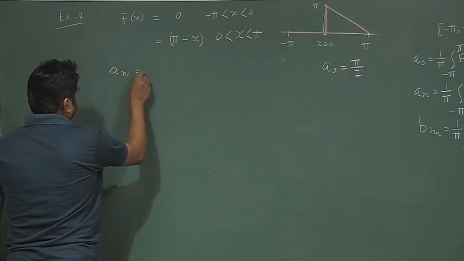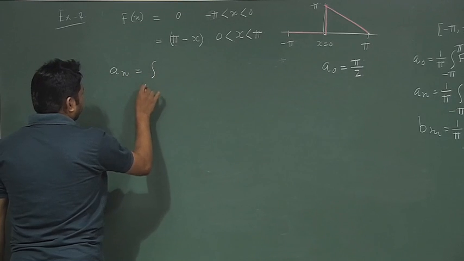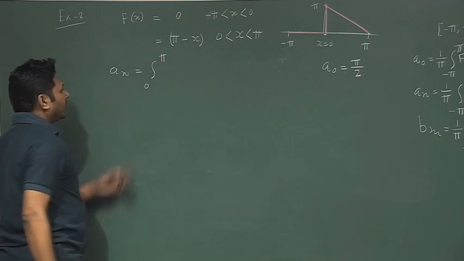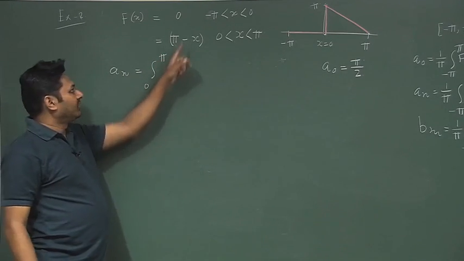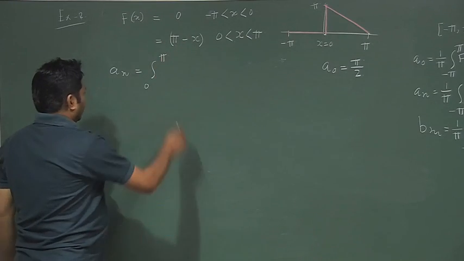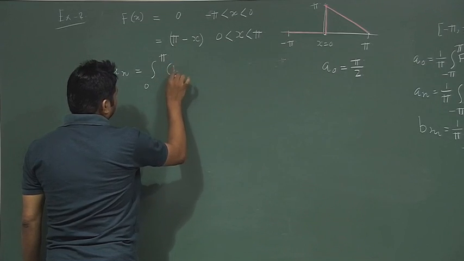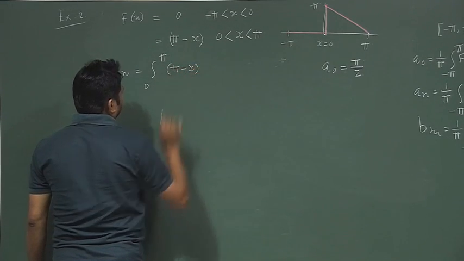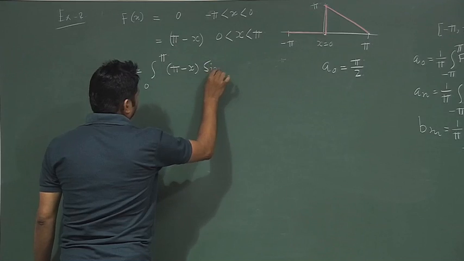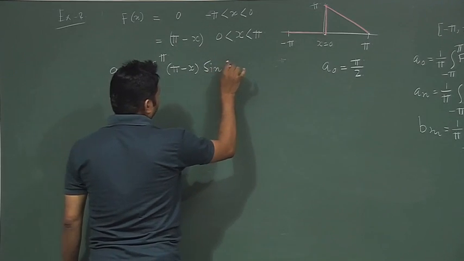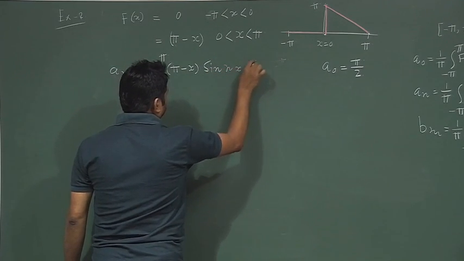For an, I straight away write 0 to pi, because there is no need to write minus pi to pi every time, since the function is 0 there. This is multiplied by the function, multiplied by cos of nx dx.